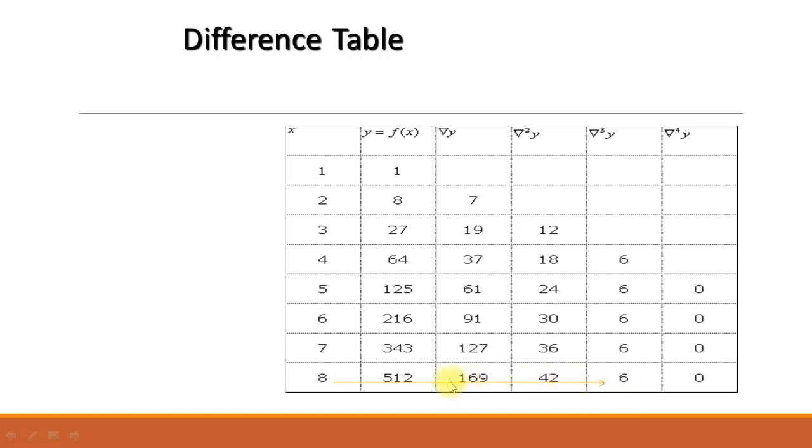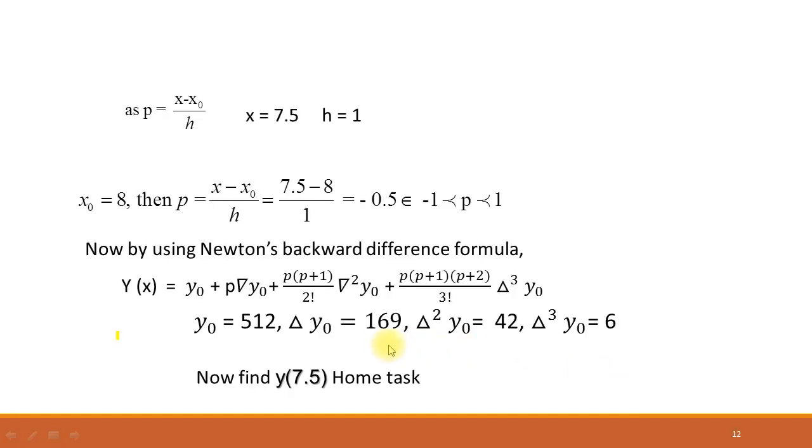So we take these values: x naught 8, y naught 512, del y naught 169, del square 42, and del cube corresponding to y naught as 6.